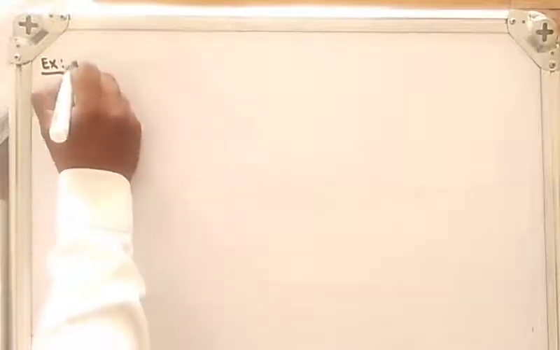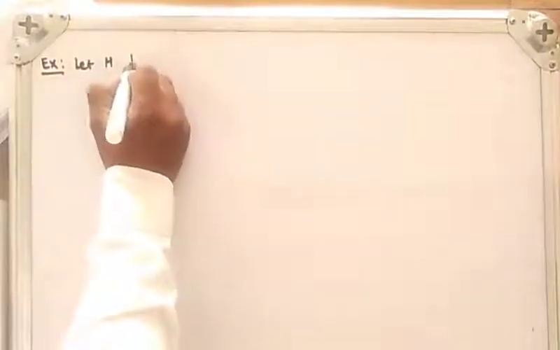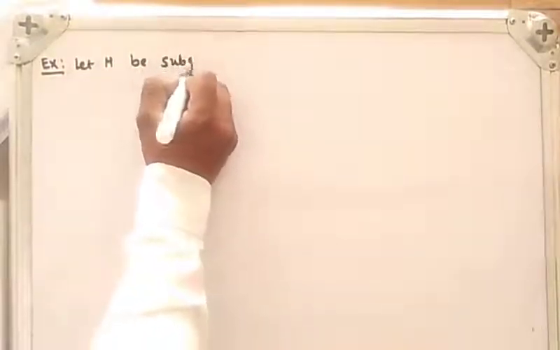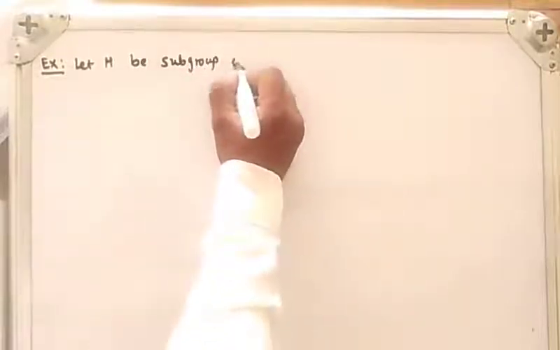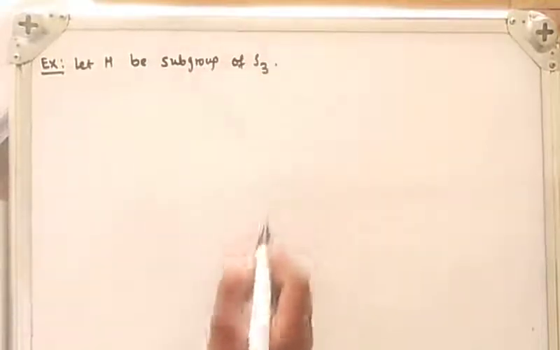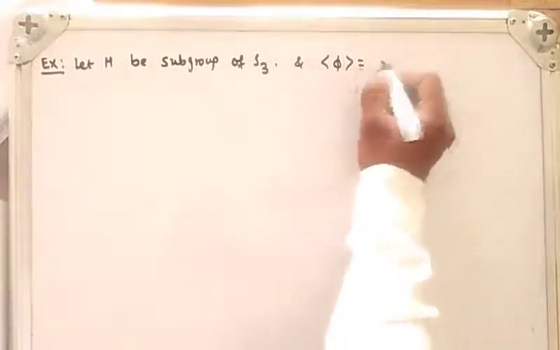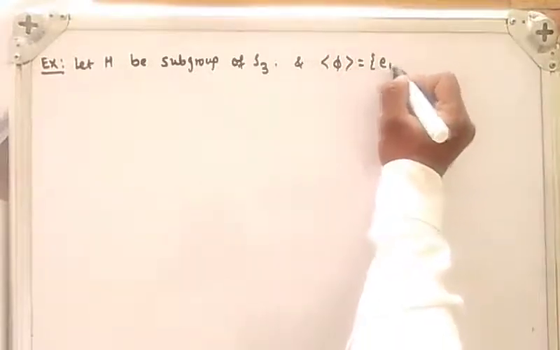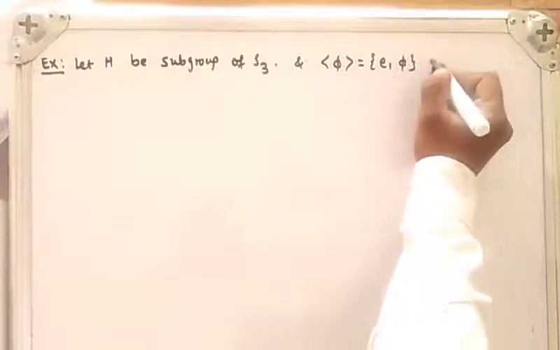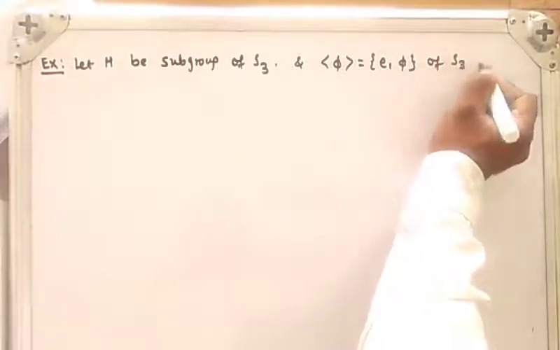In the previous two examples the operation is additive. Now let's see where the operation is multiplicative. Let H be a subgroup of S3 with generator phi. So we know that generator phi has elements identity and phi of S3.